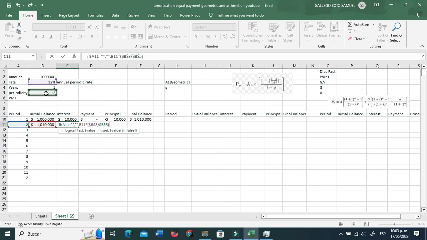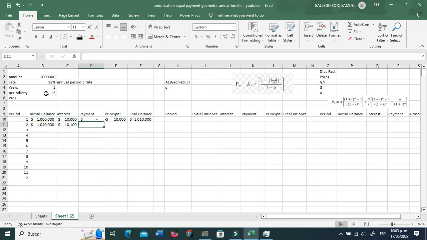It's going to take a little while, just for a second, but believe me, it's going to be worth it. For the payment, you do exactly the same. If that value equals nothing or blank, you type nothing. If not, then the one above, right?